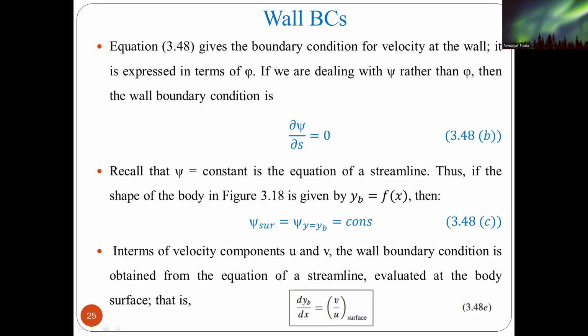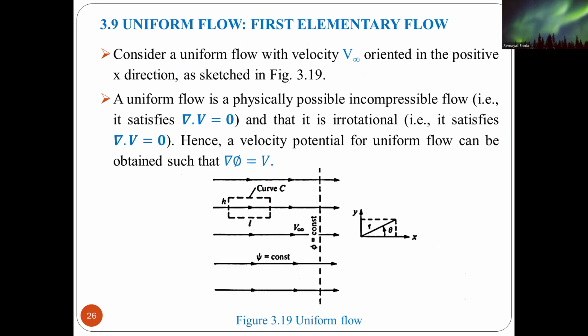Now we are going to see different elementary flows, which will be analyzed in the upcoming sections. Among them, uniform flow is the first elementary flow. So what is that uniform flow?